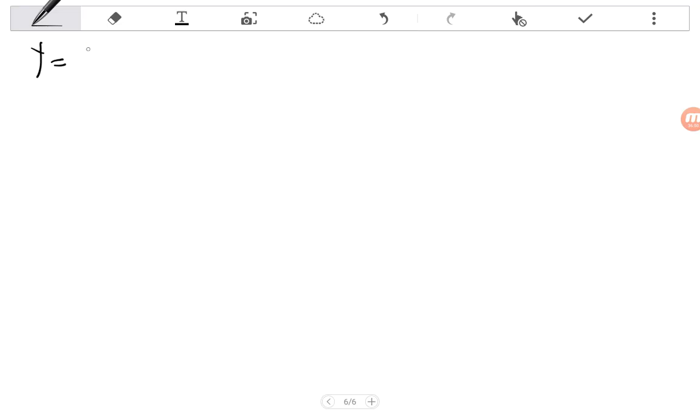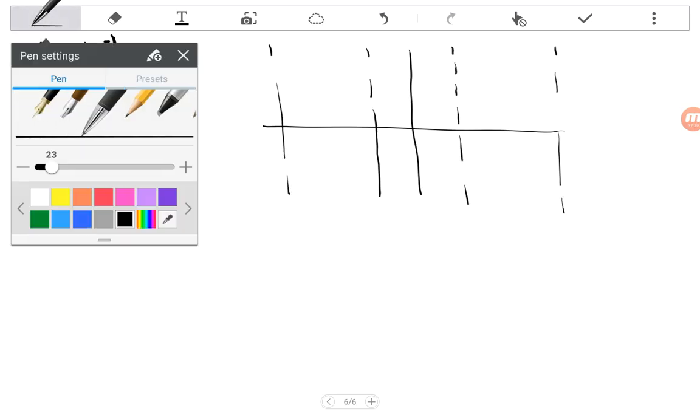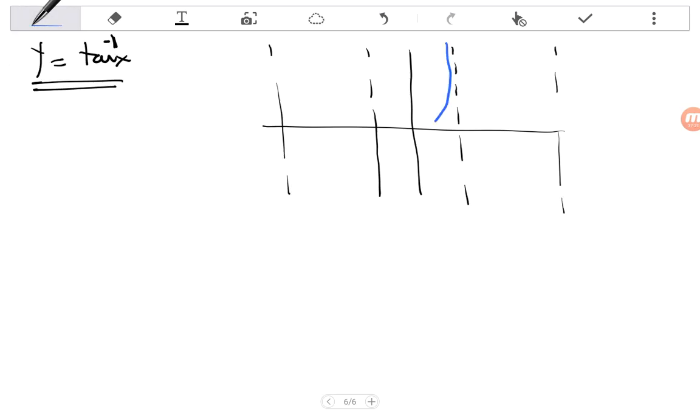Now let's move on to study the tan inverse function. We just learned how to find the inverse of other trigonometric functions, and they will be in a similar manner. So we have the graph of tan x, which is like this, and it is obviously not a one-to-one function, so we need to restrict our domain.